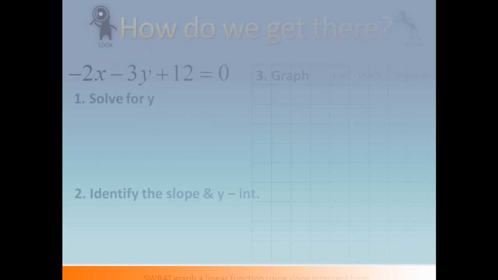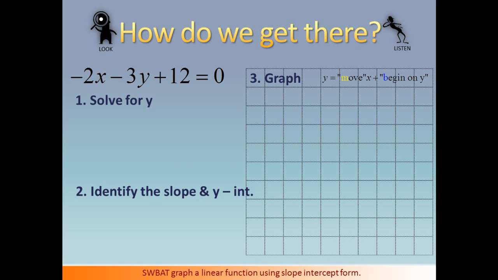The last one is if we're given an equation, -2x minus 3y plus 12 equals 0, and we're asked to graph it. An easy way to graph is putting it into slope-intercept form, which means we need to solve for y. So starting with this equation, I want to isolate the y. So I'm going to take this -2x and move it to the other side, as well as this plus 12.